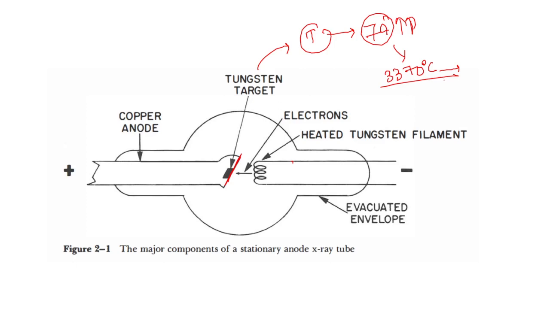For continuous spectrum, that is Bremsstrahlung radiation, the atomic number of the target material determines the quantity of X-rays produced. If you see the tungsten, we are dealing with tungsten.